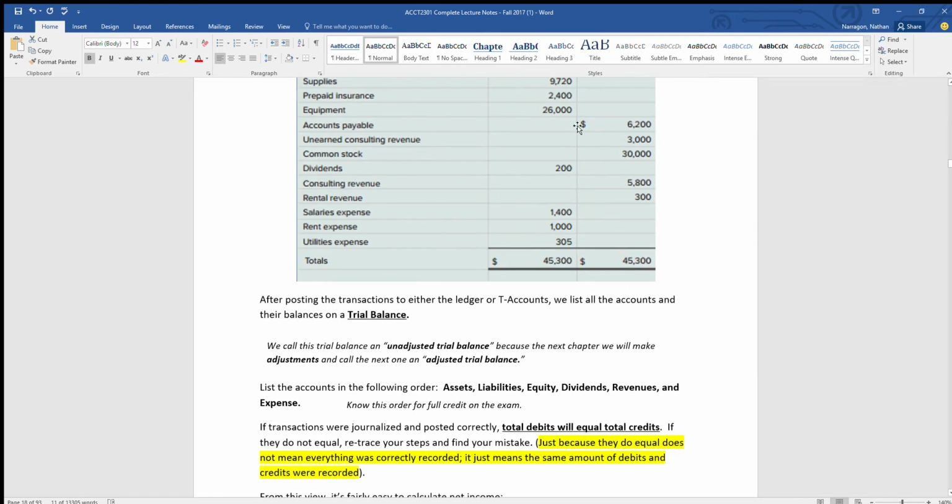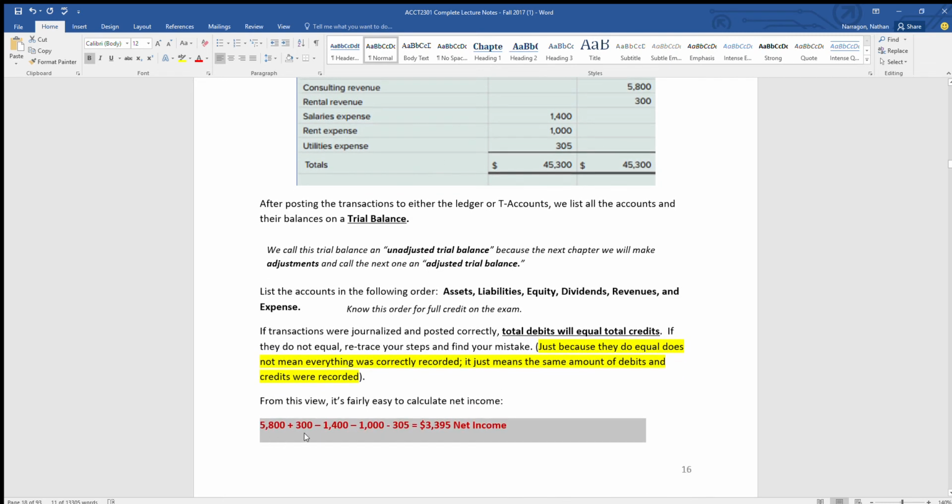So basically we just took right here, there's our income statement, and we just took the numbers as they are. So 5,800 plus 300 minus 1,400 minus 1,000 minus 305. Boom, there's our net income. Guarantee you're going to get that.